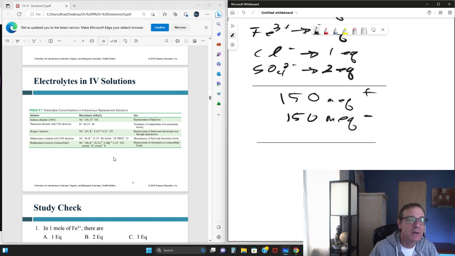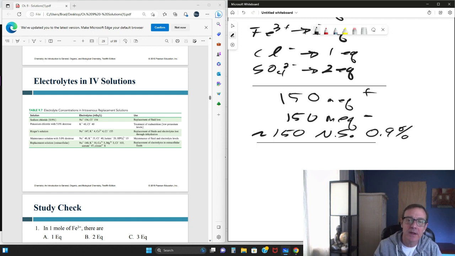Normal saline is what's called isotonic, approximately 150 milliequivalents. Potassium chloride and Ringer's, all of these are coming in at about 150. Normal saline, which is 0.9% saline, happens to be the percentage of salt you put in to get 150 milliequivalents.